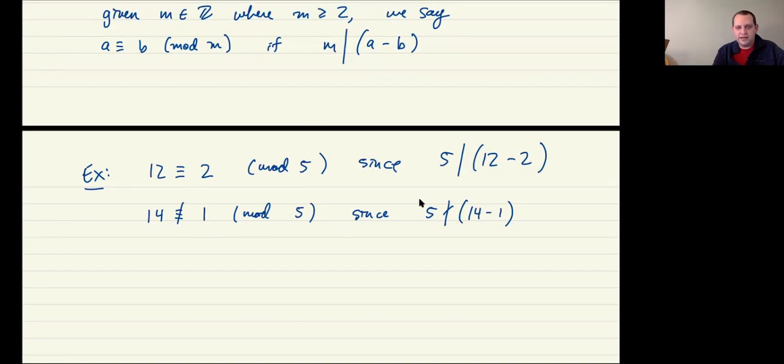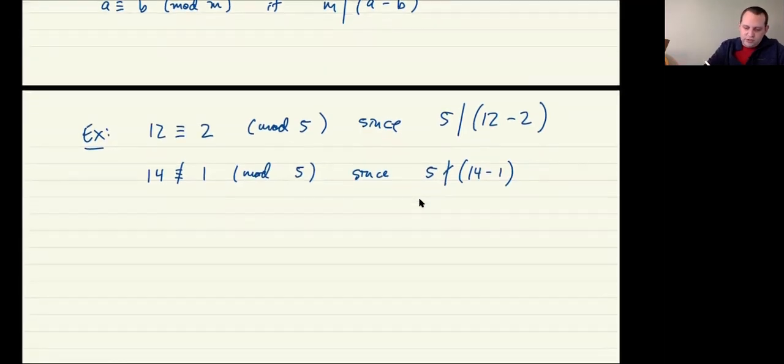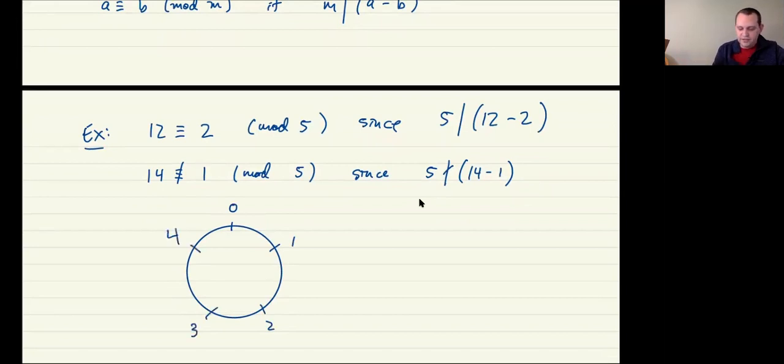One way that I like to think about this, just to make this slightly more intuitive, is I think of working mod 5 as working along a circle. So I'm going to work along a circle, and basically we're going to start at 0, and I'm going to put 5 numbers here. So this is kind of like a clock with 5 hours on it: 0, 1, 2, 3, and 4.